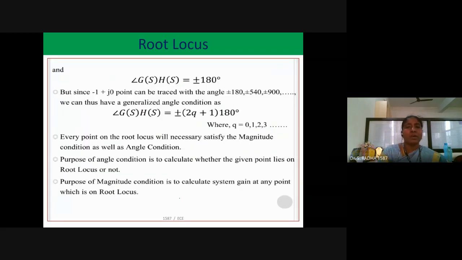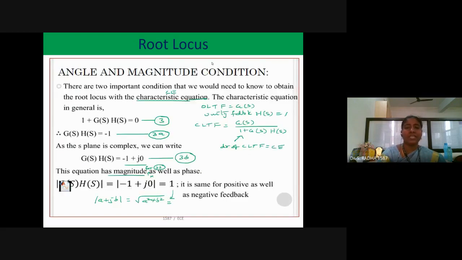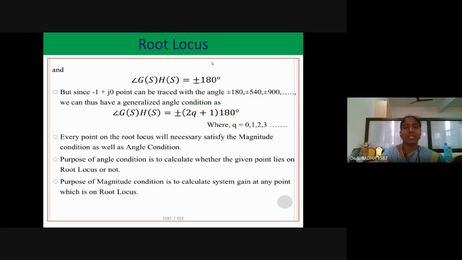Now, in terms of angle, I will go with equation 3. I will rewrite equation 3 here: 1 plus G(s)H(s) equal to 0. This is equation 3.